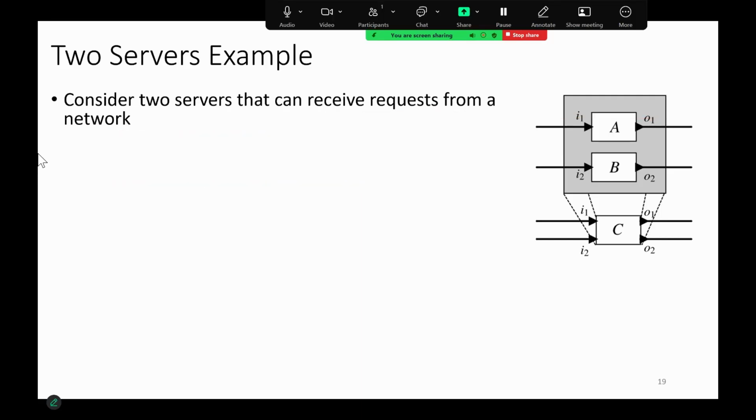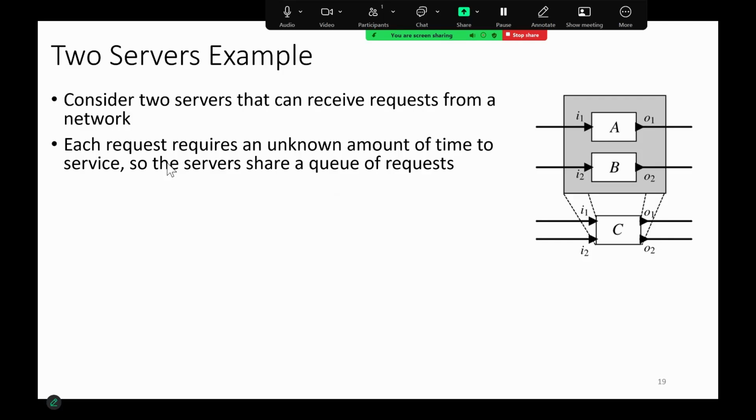I think you have a similar example in the assignment of the 2 server example, if I remember correctly. So you consider 2 servers that can receive requests from a network, and they are side by side. For example, each request requires an unknown amount of time to service.